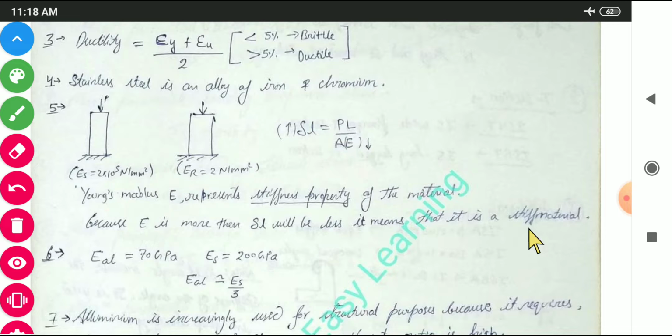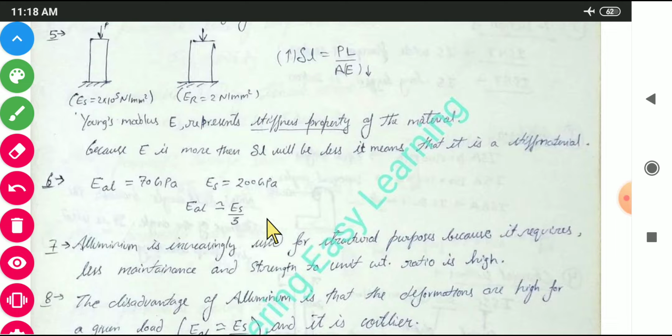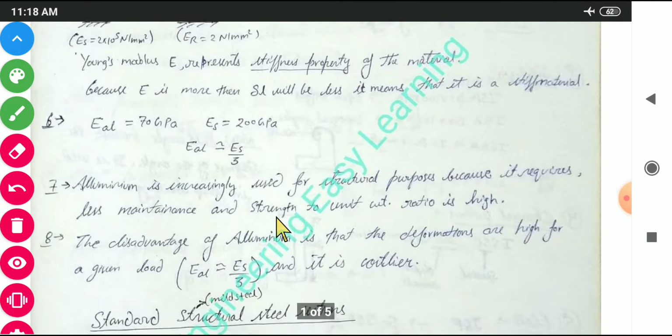In the next point, aluminium. This is the Young's modulus of elasticity of aluminium, and this is that of steel. You can see that aluminium is almost 1/3 of the Young's modulus of elasticity of steel. Aluminium is increasingly used for structural purposes because it requires less maintenance and its strength to unit weight ratio is high.